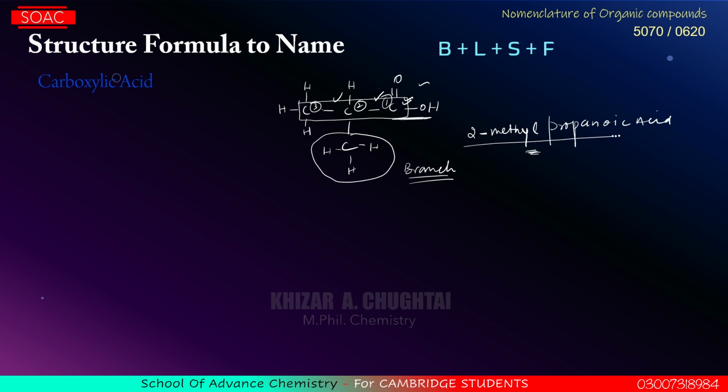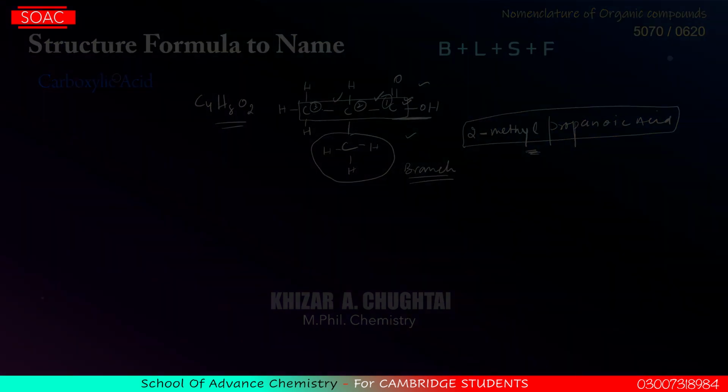So this is 2-methyl propanoic acid. It also has 4 carbon atoms, 8 hydrogen atoms, and 2 oxygen atoms. So this is the second possible structure, I mean the isomer of simple butanoic acid, that is said to be 2-methyl propanoic acid.